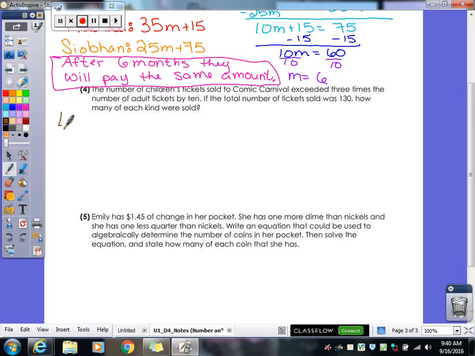So we need 2 let statements, one for the adults, one for the kids. They tell us that the number of children's tickets exceeds 3 times the number of adult tickets by 10. So I can't figure out children's until I know adults. So what can I call adults? Okay, we'll use A. So let A equal number of adult tickets.